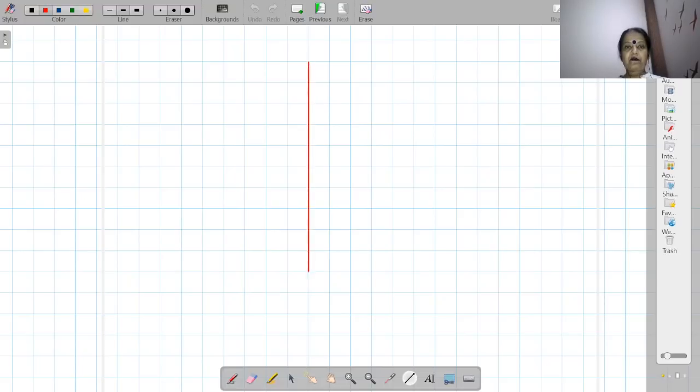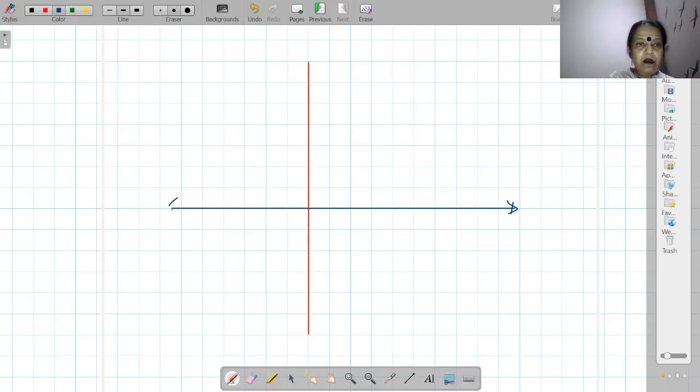Suppose that this is one line and the second line is this. Then what do you observe? One is the sleeping line, or we can say the horizontal line, and another one is the vertical line.